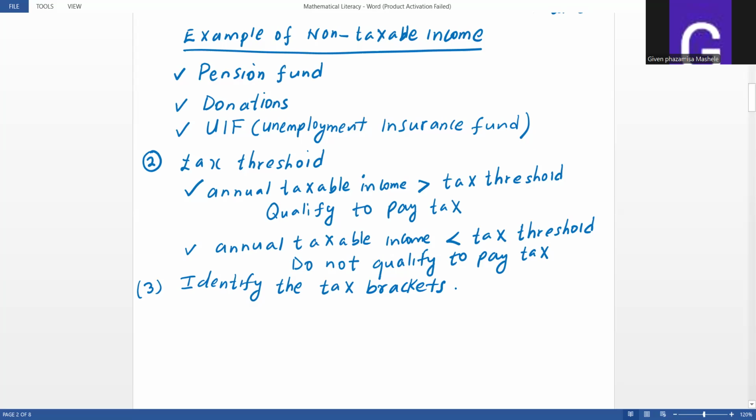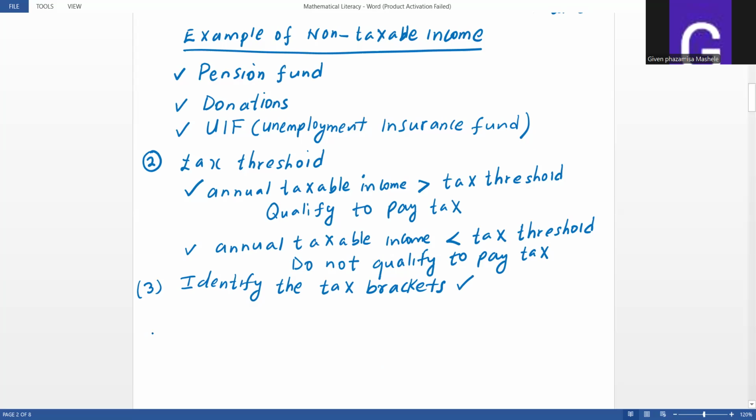So we must first identify the bracket in which the person falls. Then after identifying the tax bracket, we can calculate an annual tax based on the bracket identified.